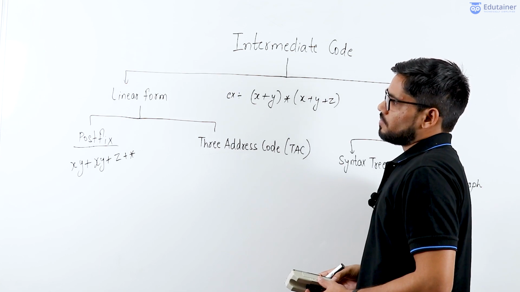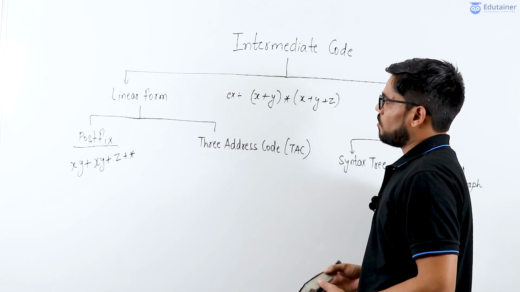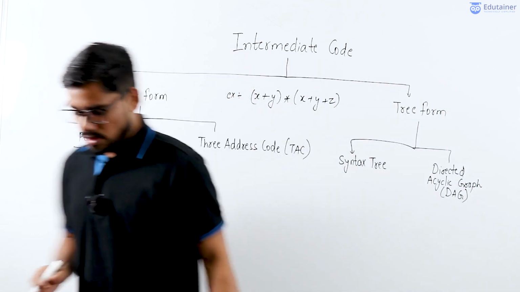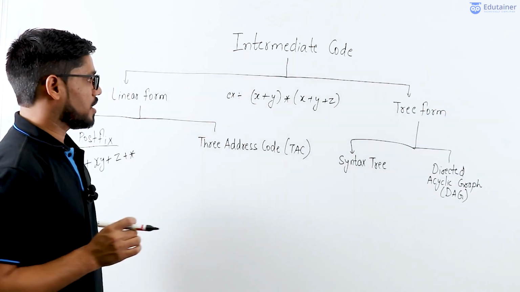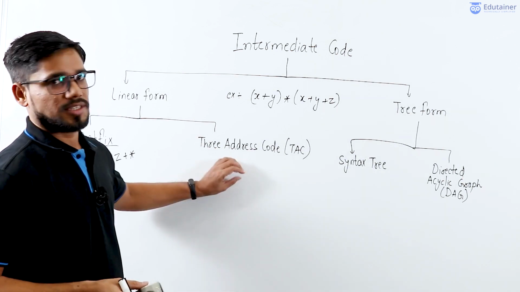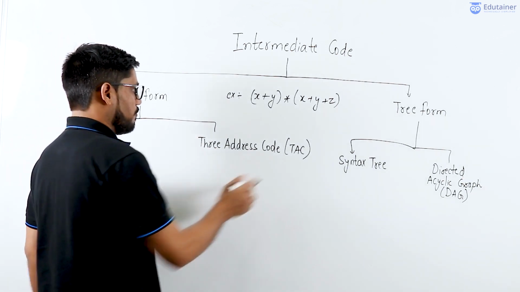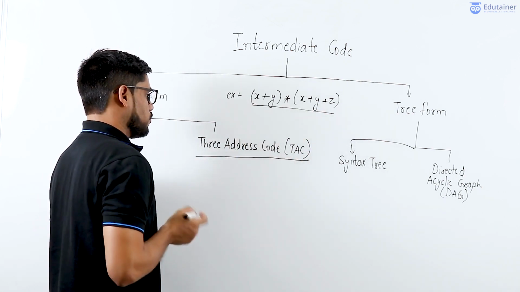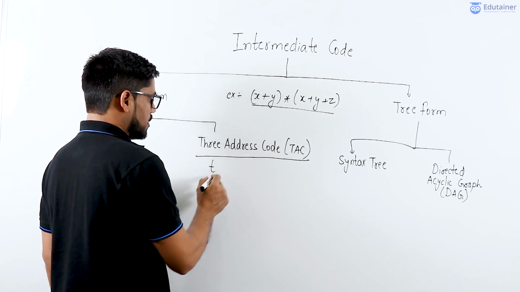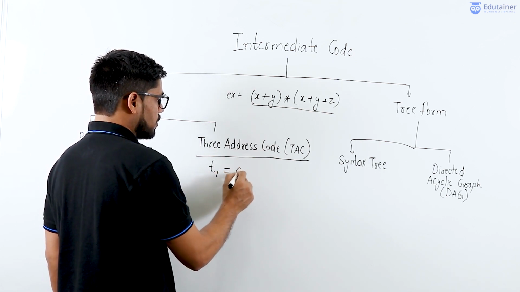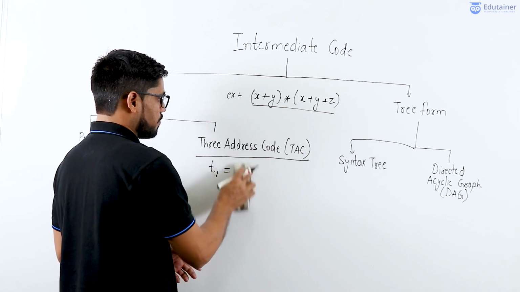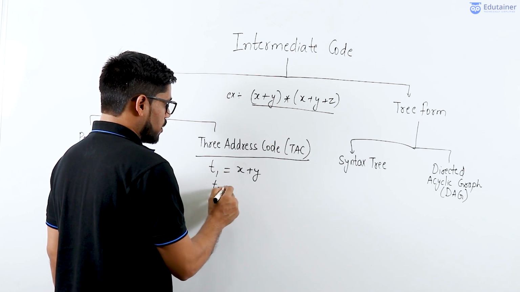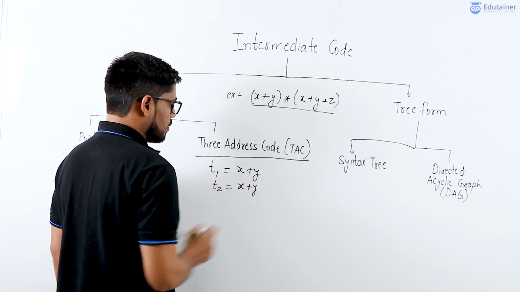Now after seeing the postfix of this line of code, let's see the three address code. In three address code, always remember there are maximum three addresses present. If I convert this line of code into three address code, I have to assume temporary variables. Let's say temporary variable t1 contains x plus y. Temporary variable t2 contains x plus y.